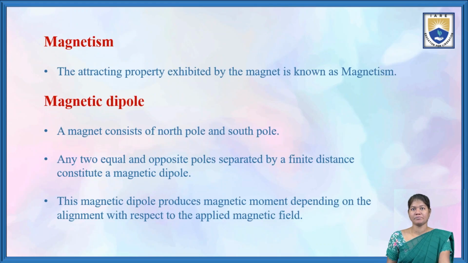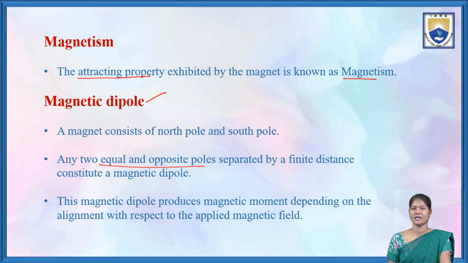So let's see magnetism. What is magnetism? The attracting property exhibited by the magnet is known as magnetism. Magnetic dipole: a magnet consists of a north pole and a south pole.